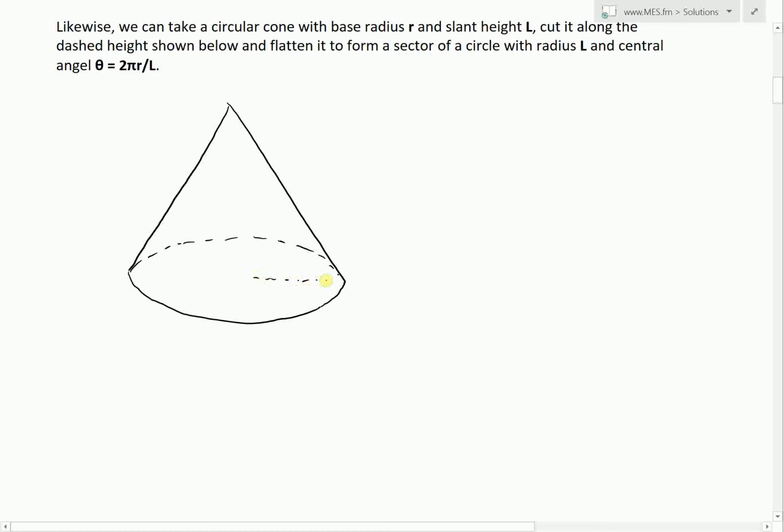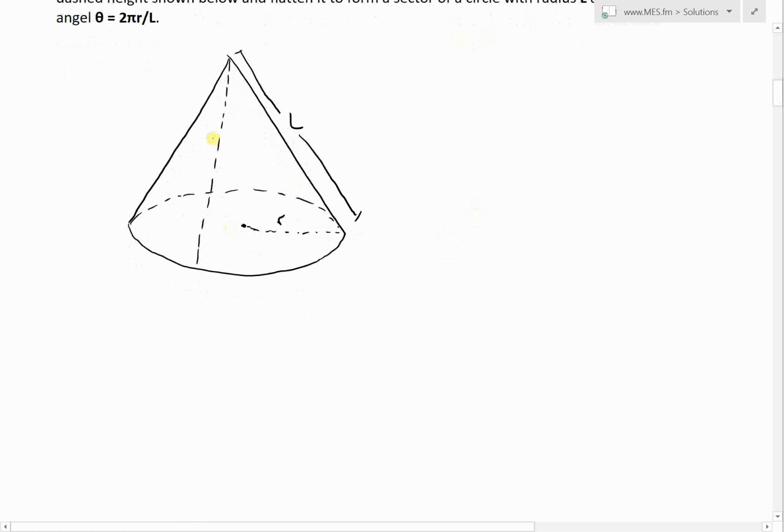This is the radius r right here, and if we were to cut across like that, this length is l, the slant height or slant length across.